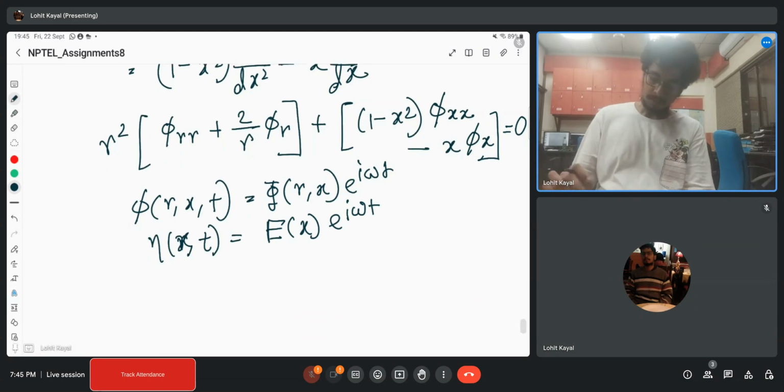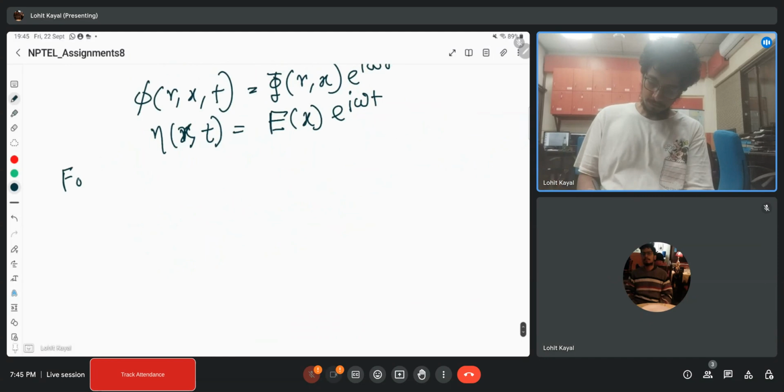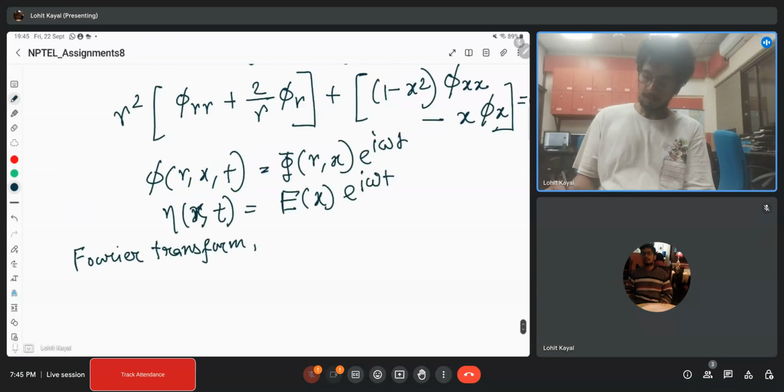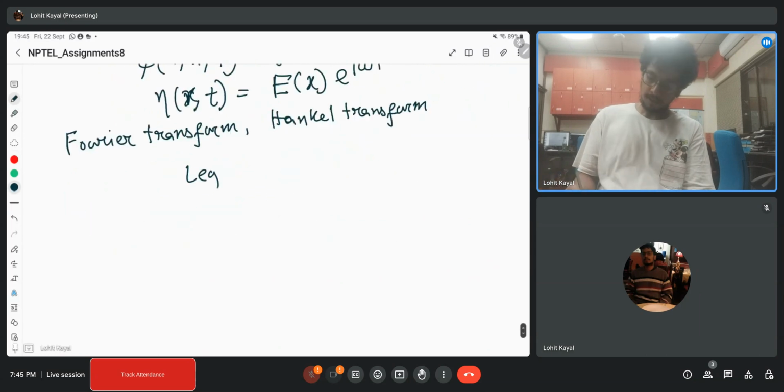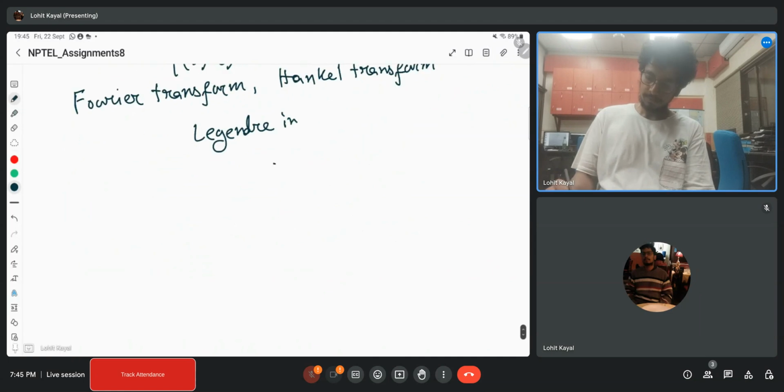So similarly to the Fourier transform and Hankel transform, you will get the Legendre integral transformation.